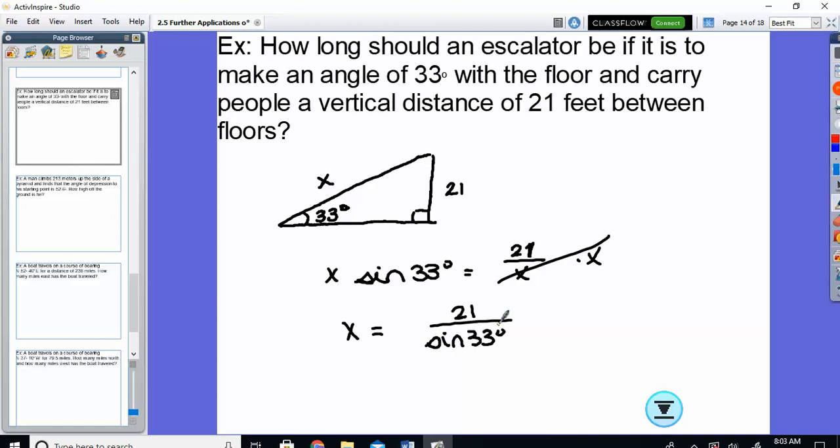So you need a calculator. Make sure you are in degree mode. So 21 divided by the sine of 33.